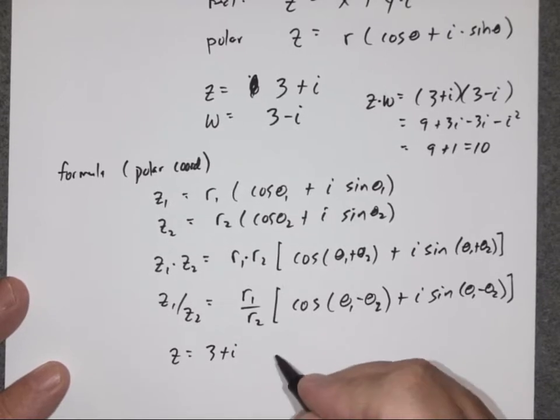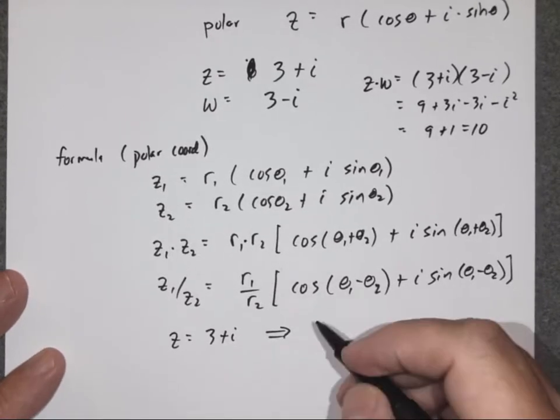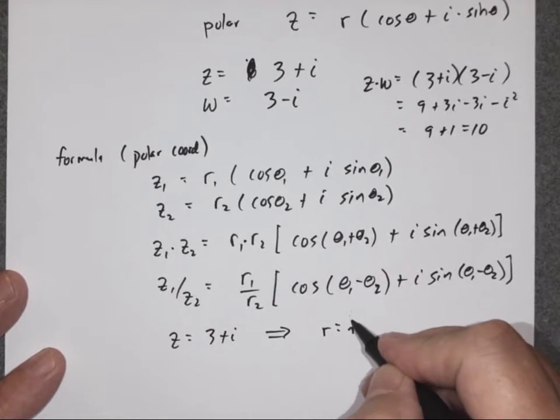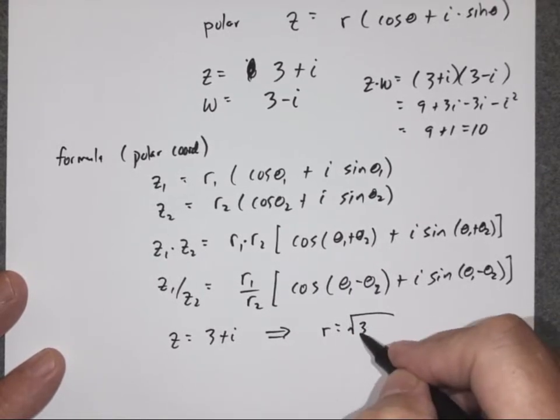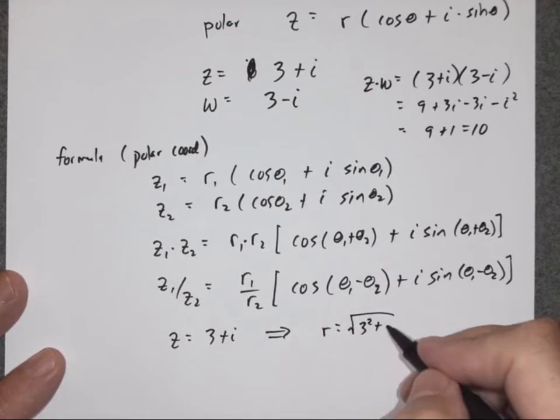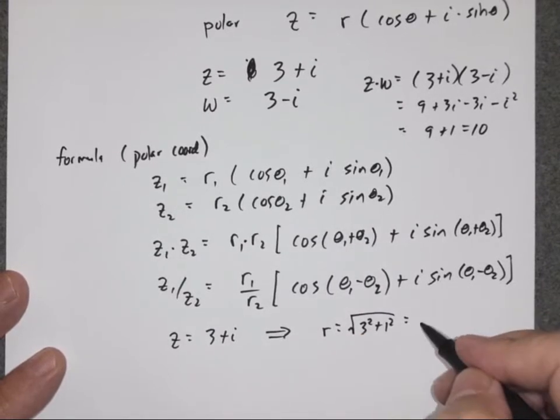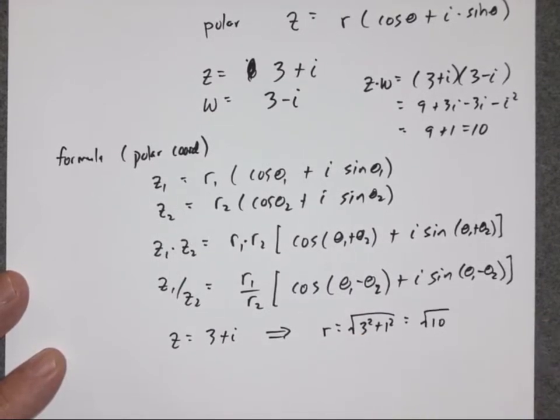This is rectangular coordinates. If I were to do polar coordinates, we've done this many times before, I've got to figure out my r, which is the square root of x squared plus y squared. Looks like the square root of 10.